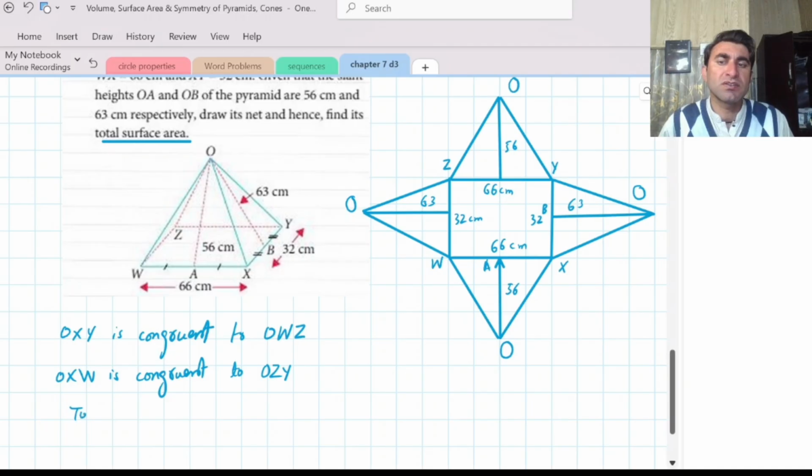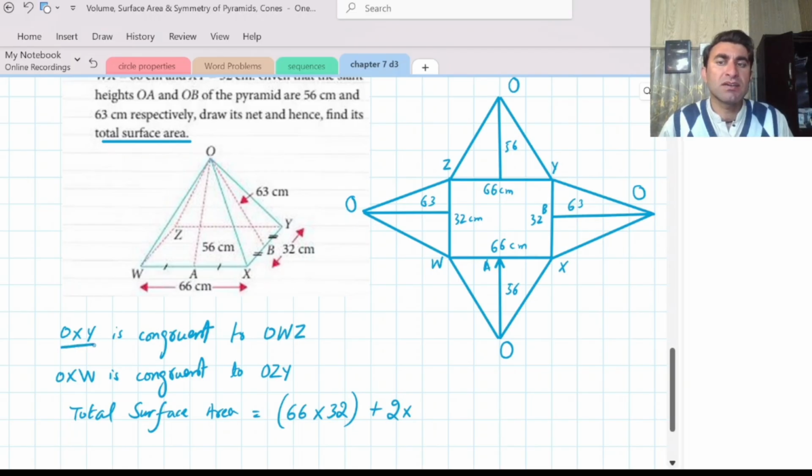So total surface area equals first base area, which is a rectangle with the sides 66 and 32. So this is the base area plus 2 times the area of triangle OXY.